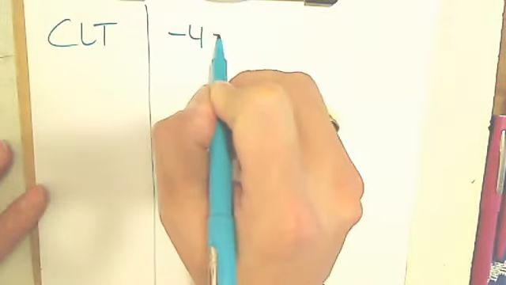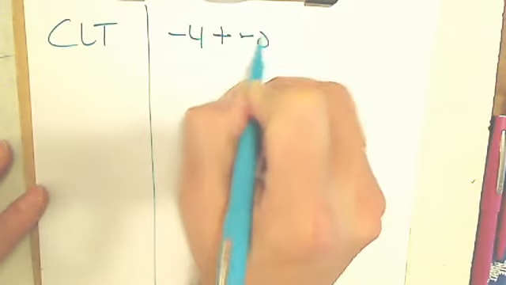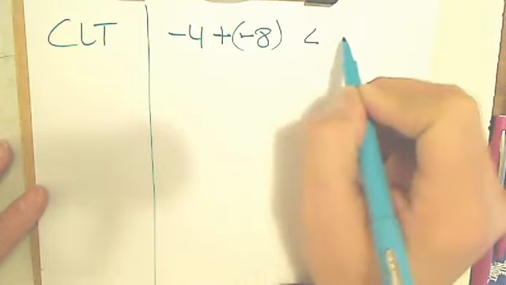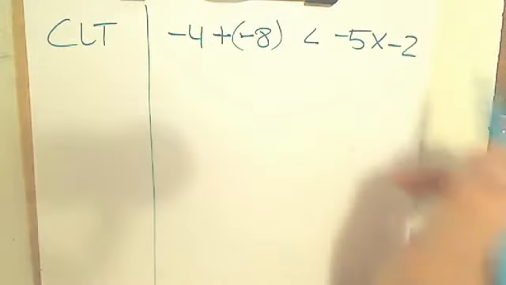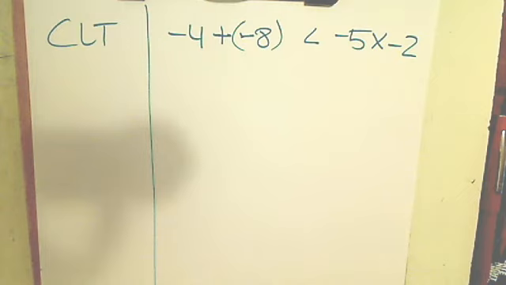Negative 4 plus negative 8 is less than negative 5x minus 2.